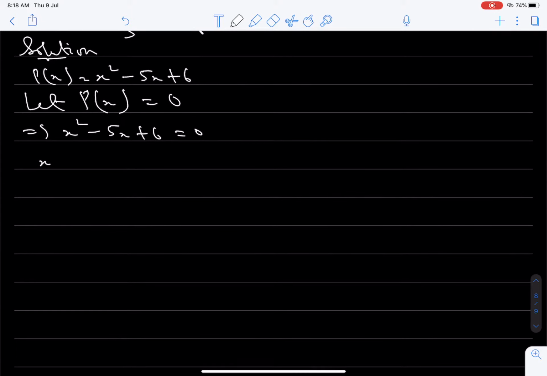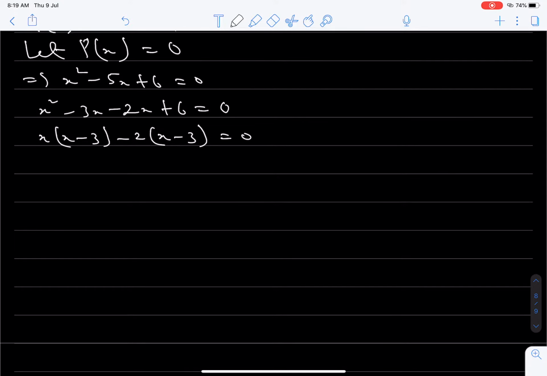When we try to solve that by factorization, we have x squared minus 3x minus 2x plus 6. That means x into x minus 3 minus 2 into x minus 3 equals 0, which means x minus 2 times x minus 3 equals 0.